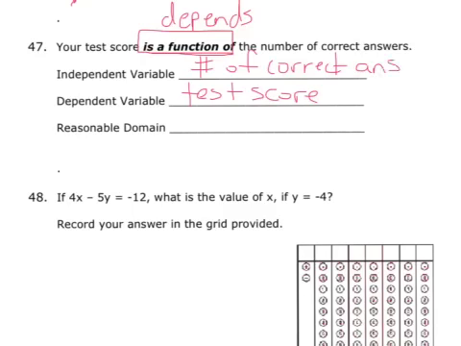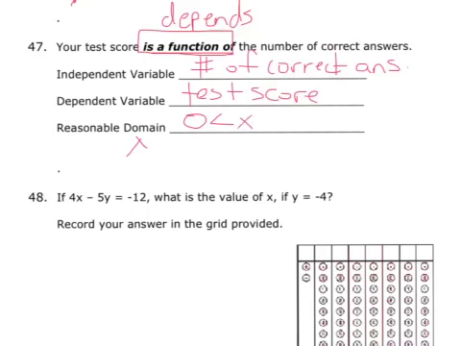So what would be a reasonable domain for this? It just depends. You can have some really small tests or you can have some fairly large tests. Of course, a test would have to have more than one question for it to be a test, so more than 0 questions. So domain is x, so we're going to use the letter x here.